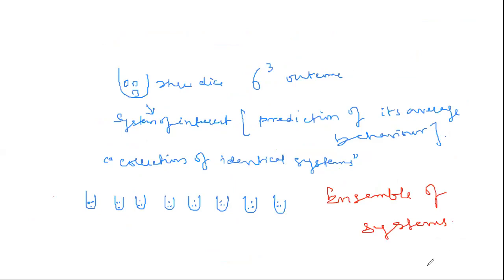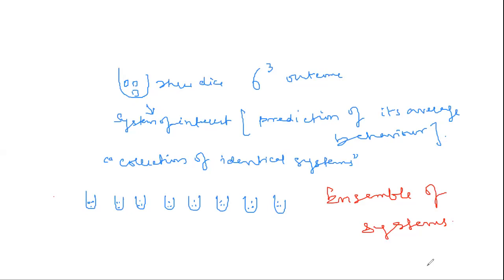This ensemble idea is used whenever we have a system of interest and its behavior is difficult to predict when we talk in terms of all the details of the system, that is, microscopically.